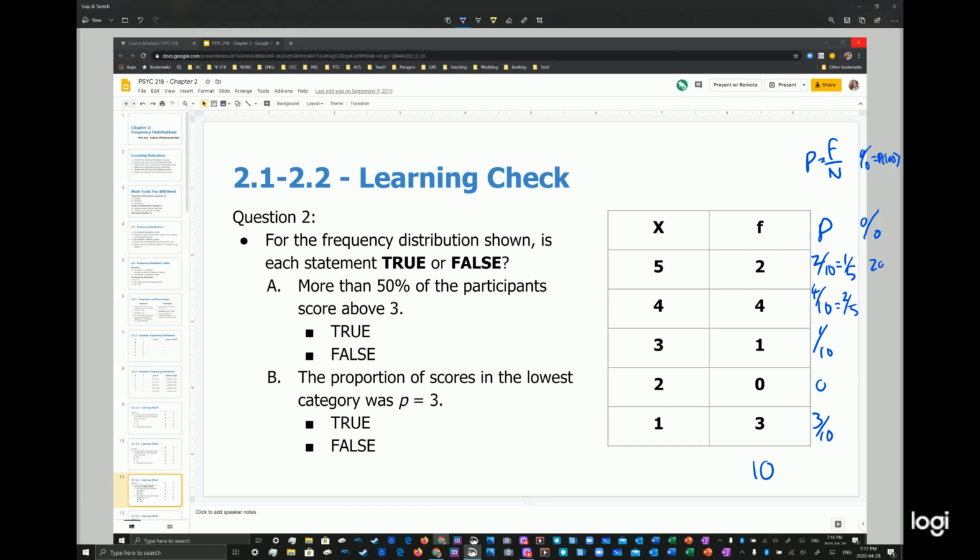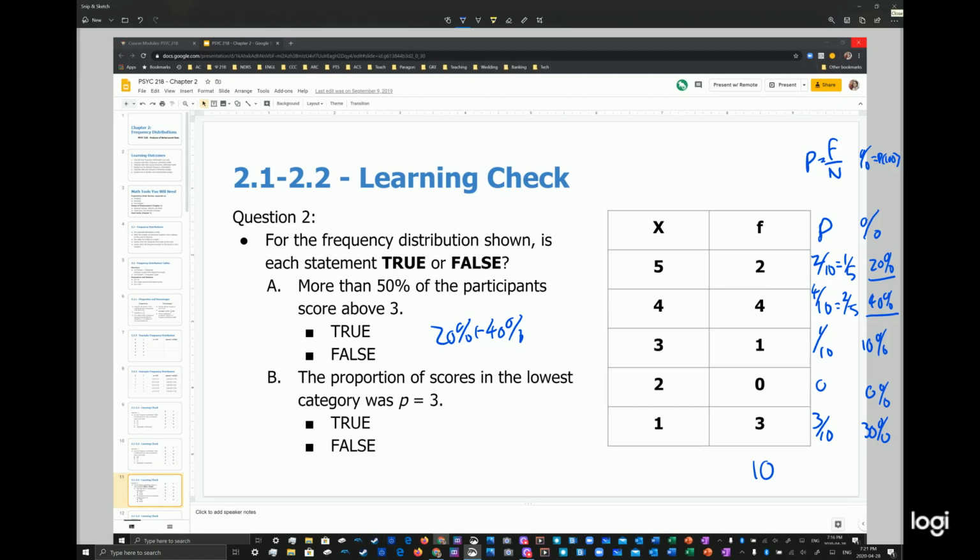So we have 20%, 40%, 10%, 0, 30%. So if we see how many people scored above 3, we take 4 and 5, and the percentage is 20 plus 40. And I'll leave it to you to figure out if that's more than 60.